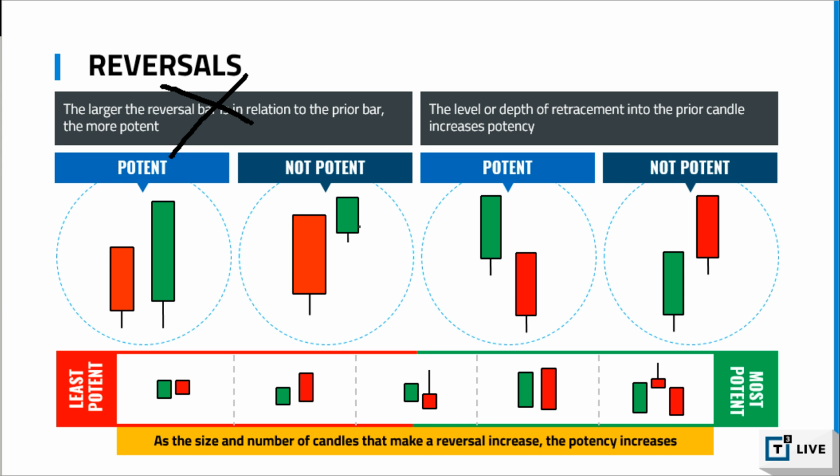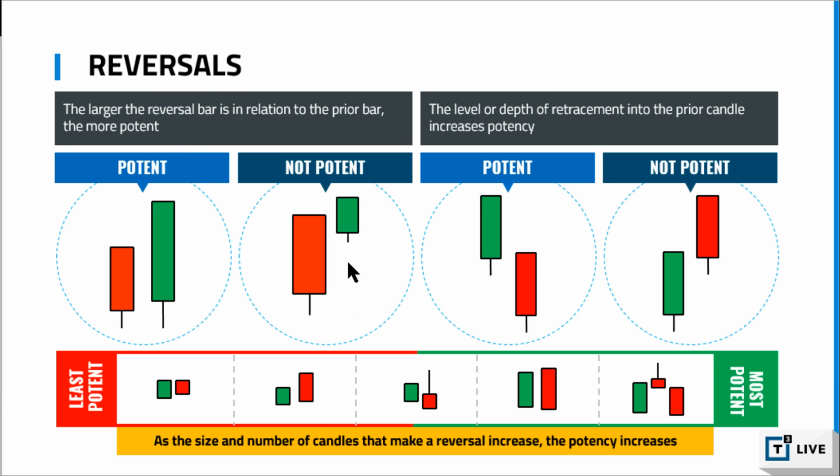So the bar is small, so not very potent, but notice the stock closed here and gapped up. So it actually reversed more than 100% of the red bar's high, of the prior bar, which means that gets the check mark. The level or depth of retracement into the prior candle increases the potency.